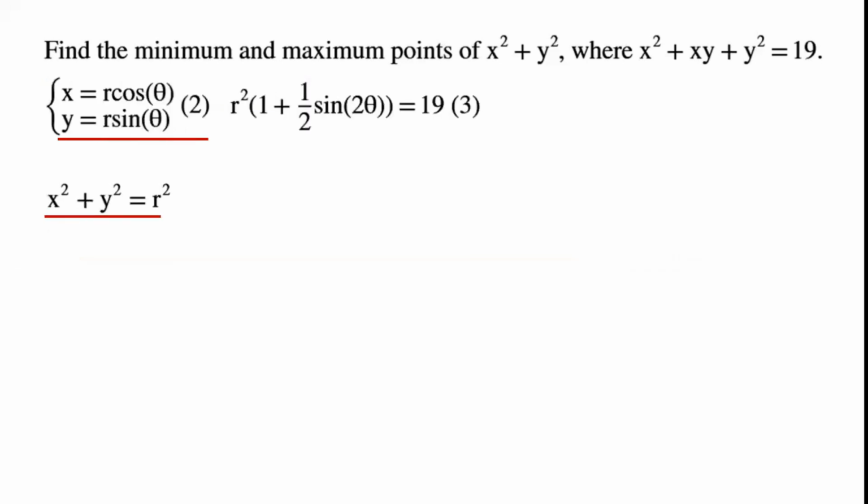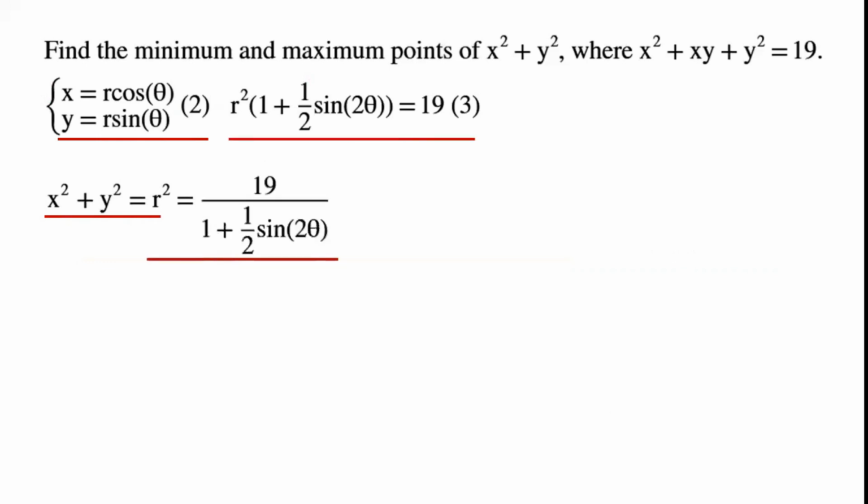x squared plus y squared equals r squared, which equals 19 over (1 plus a half sine 2 theta).